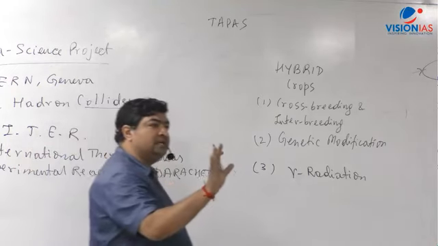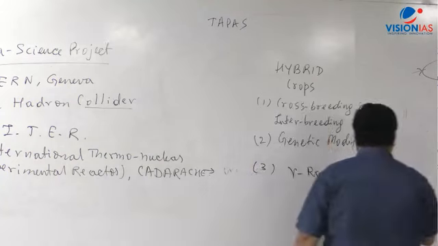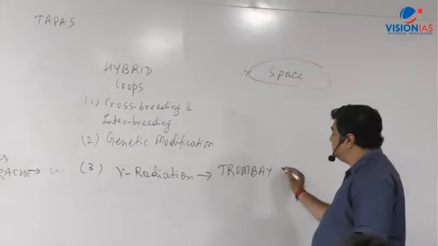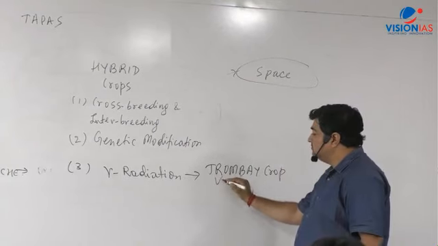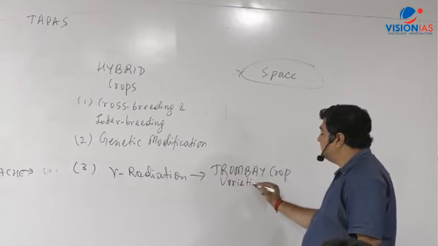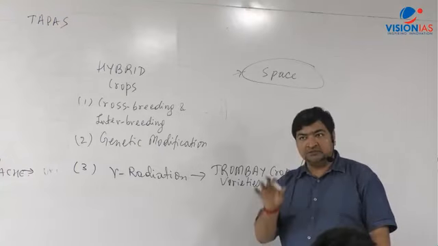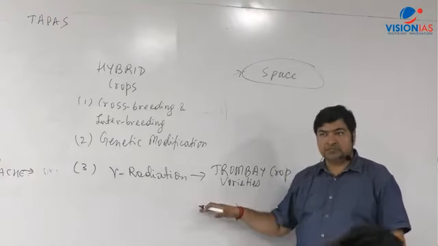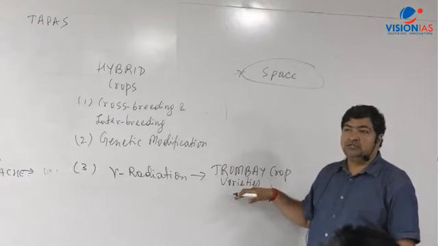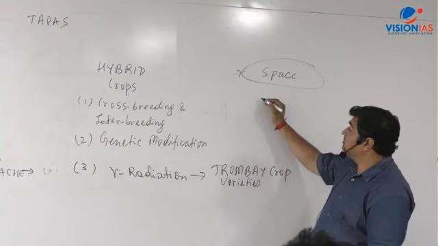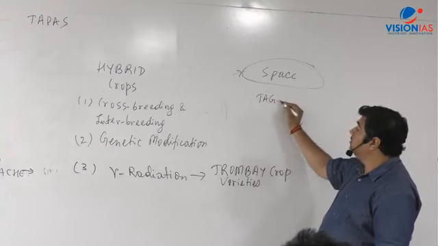And I'm giving you an example from BARC. BARC has developed what I'm writing here, Trombay varieties. These Trombay crop varieties have been developed. One example of a crop variety developed using gamma radiation processing, and being grown today in agricultural land, is groundnut. There is something called TAG 24.